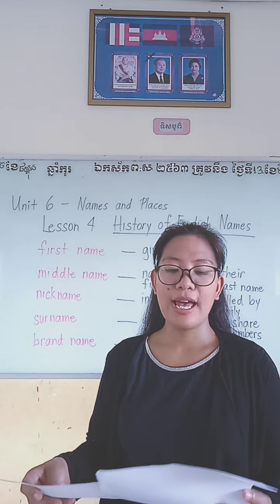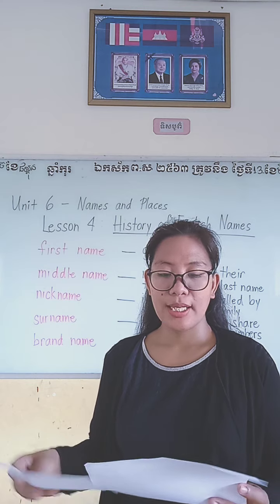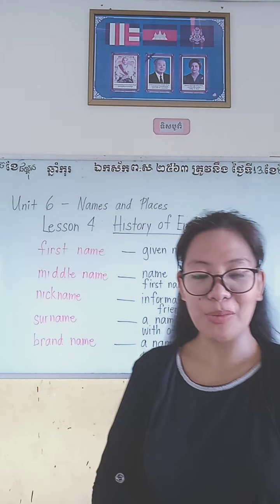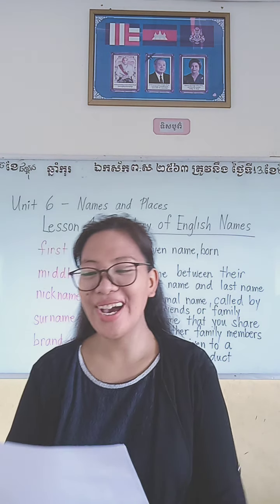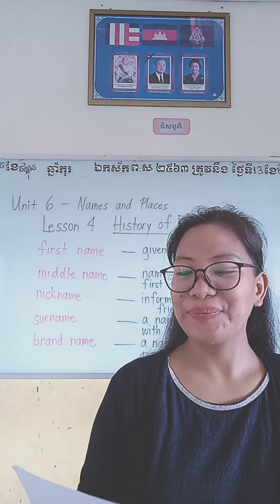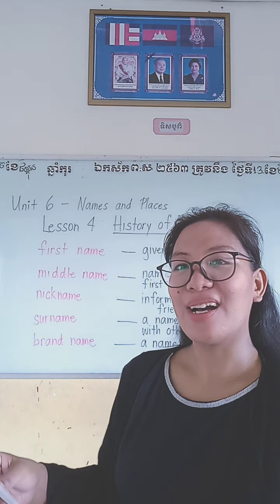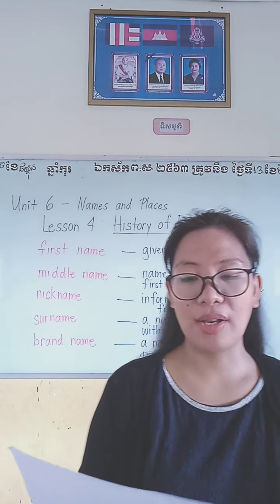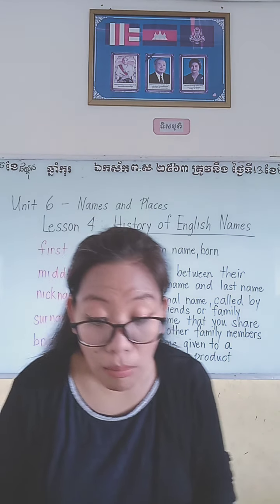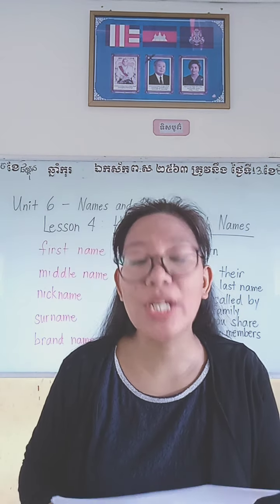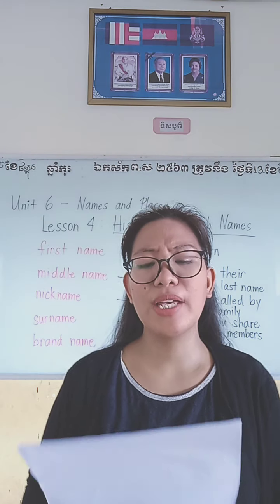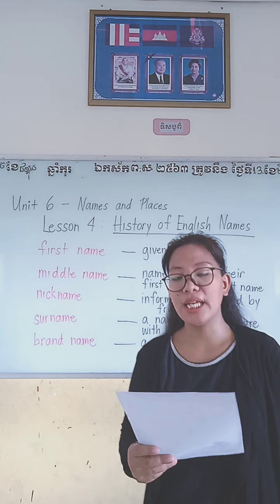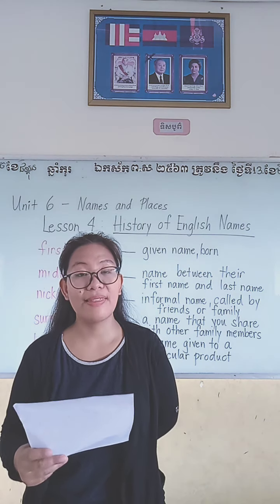Now, since we are in Cambodia, you will ask me, Teacher Joy, in Cambodia, we write it differently. Okay? So I got some information here. I will read it to you. The Cambodian name is always spoken and written in the order of last name, then first name.